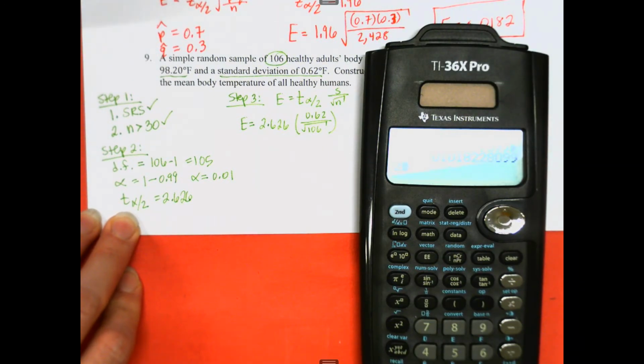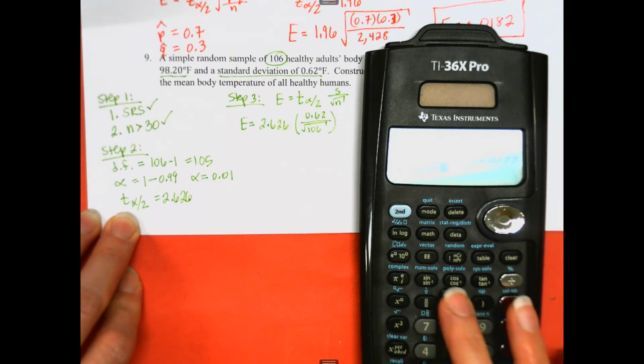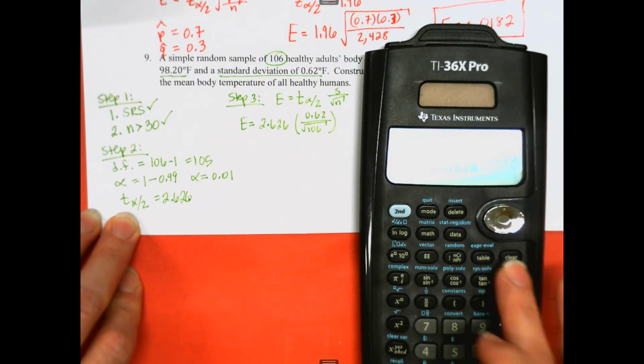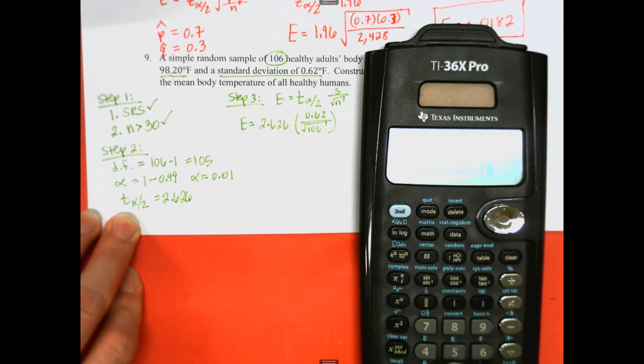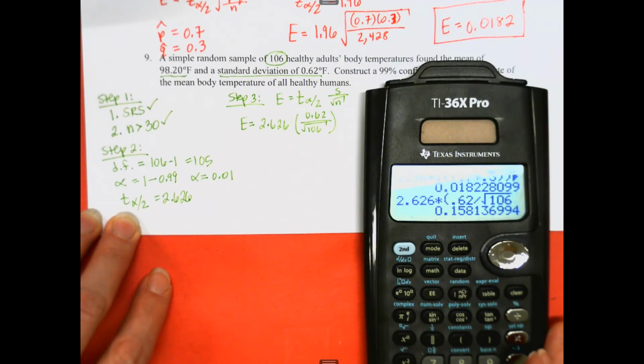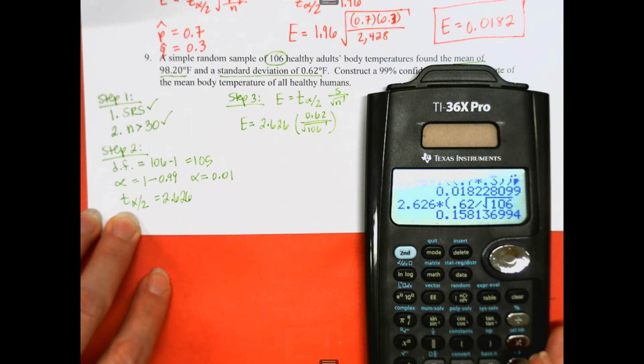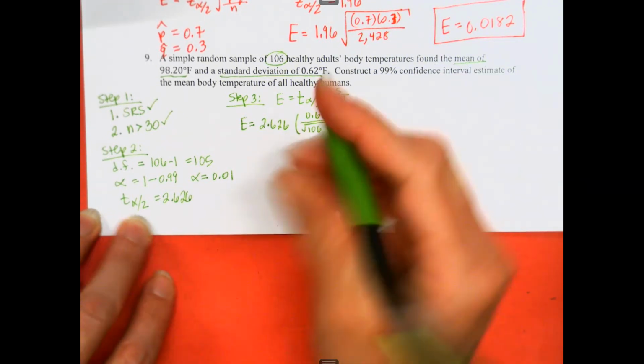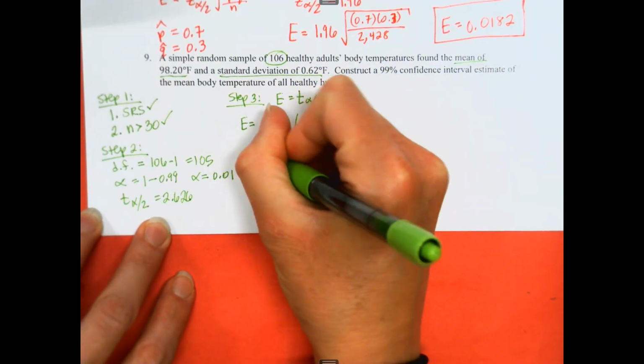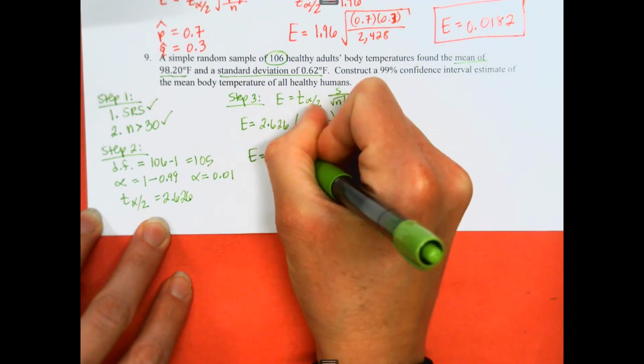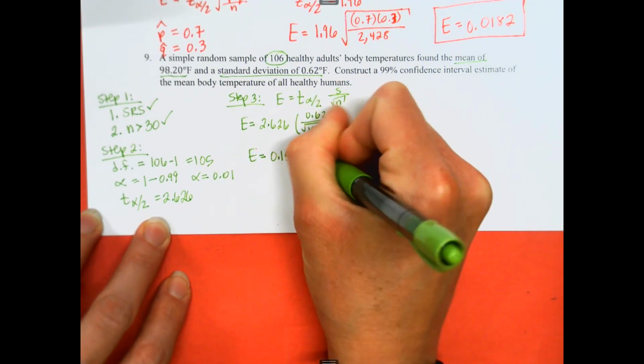We end up with 0.158137. So E is about 0.158137.